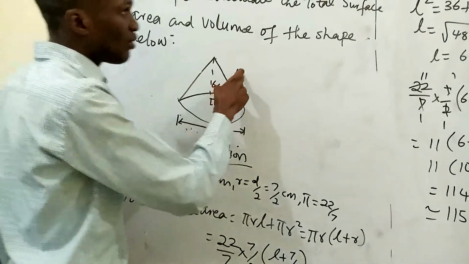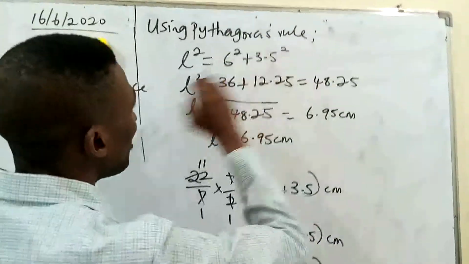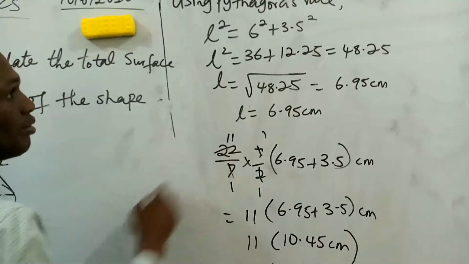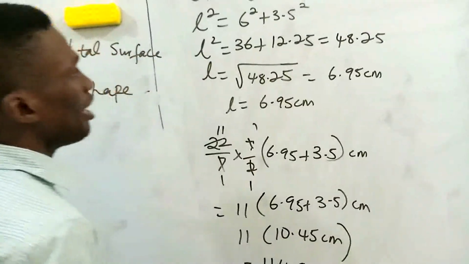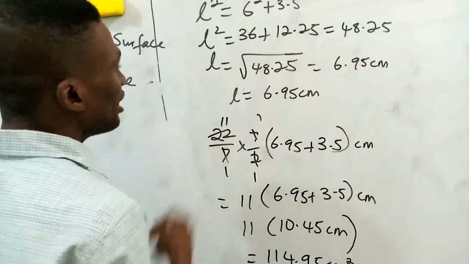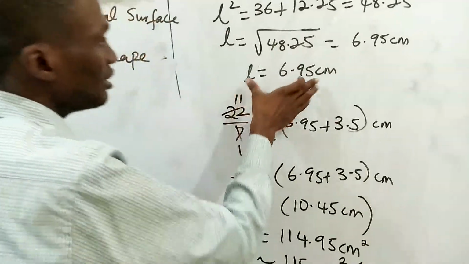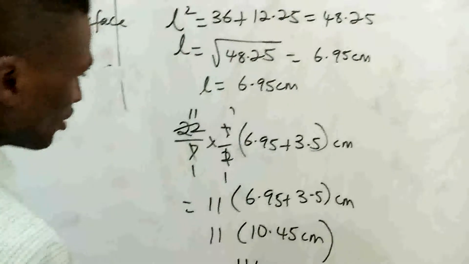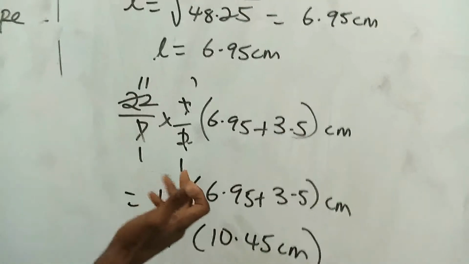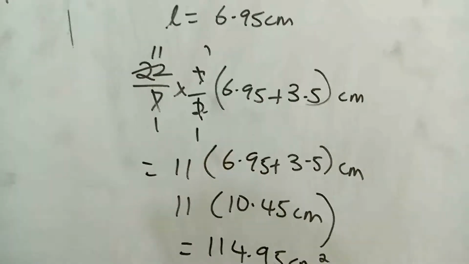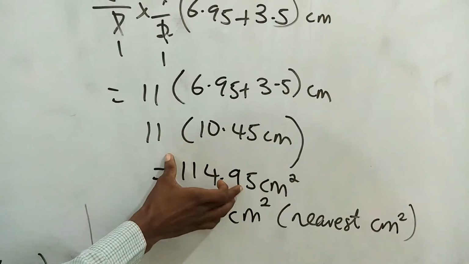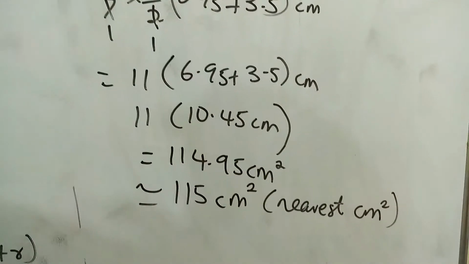Using Pythagoras rule, L square is 6 squared plus 3.5 squared. 6 squared is 36 plus 12.25. If we sum this, we get 48.25. So our length will be the square root of 48.25, which is 6.95 cm. So our slant height is 6.95 cm. We now apply our formula. By addition, 6.95 plus 3.5, we have 10.45. Multiply everything by 11 to get 114.95, and by approximation to the nearest whole number, we have 115 cm squared.